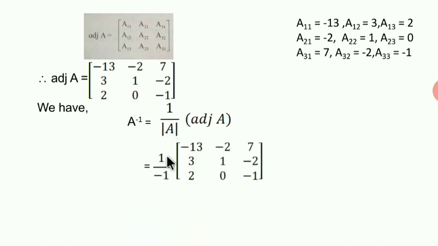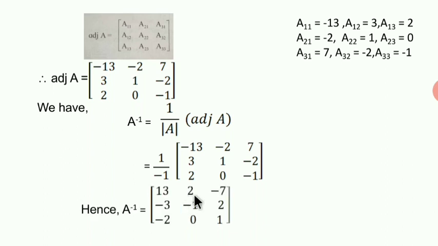Now 1 upon minus 1 means minus 1. If we multiply each element of this matrix by minus 1, we get A inverse. So A inverse is equal to the matrix 1 3 2 minus 7 minus 3 minus 1 2 minus 2 0 1. This is the inverse of the given matrix A by using the adjoint method.